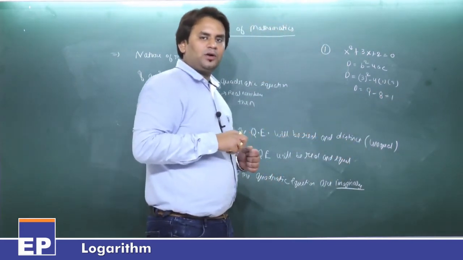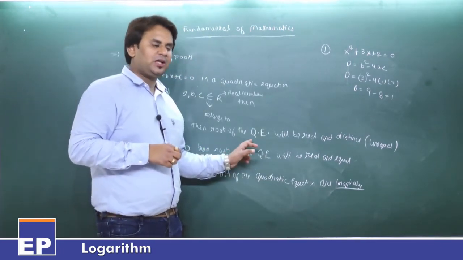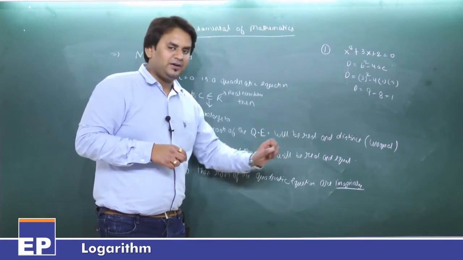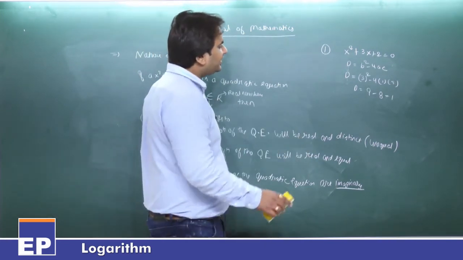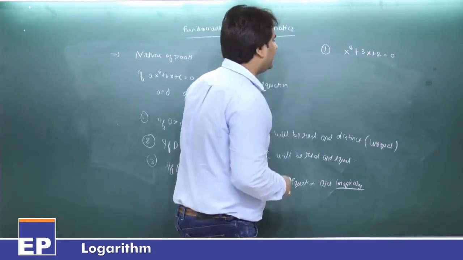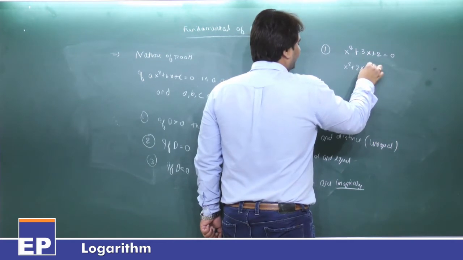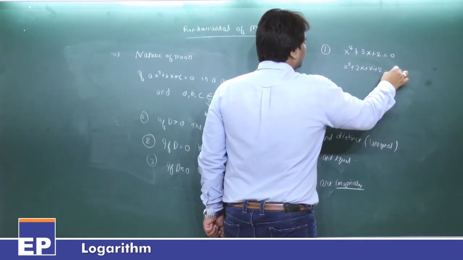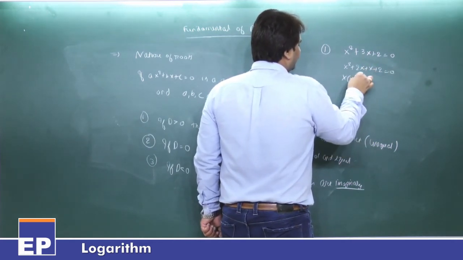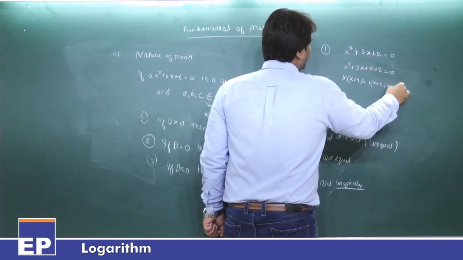D is coming out positive. If d is coming out positive, then roots of the quadratic equation will be real and distinct. Let's see. We will factorize this equation. X square plus 3x is x square plus 2x plus x plus 2 is equal to 0. That means x into x plus 2 plus 1 into x plus 2 is equal to 0.